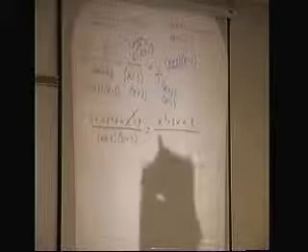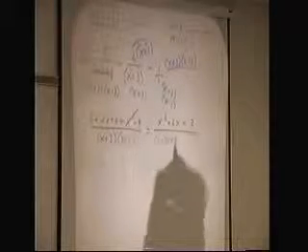Give an x squared. Give a 2x plus 2, all over x plus 3, x minus 3.